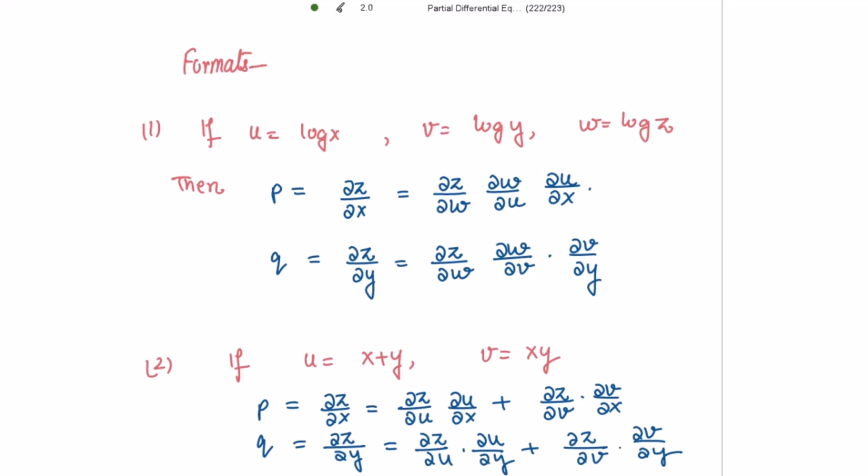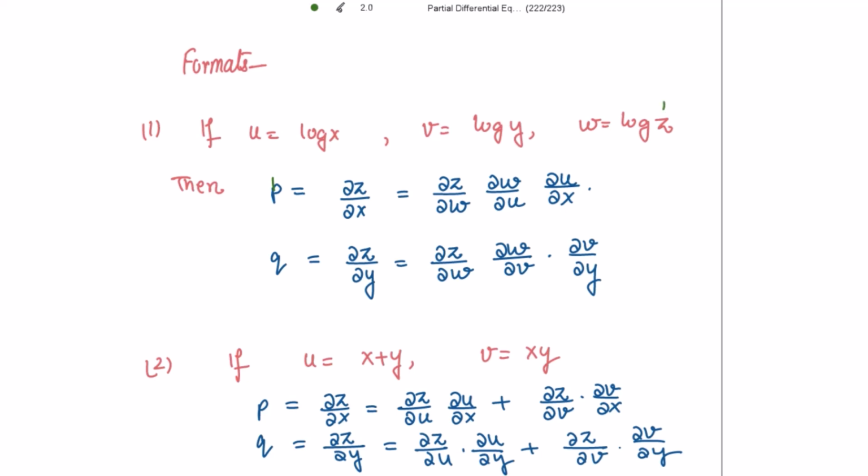First one, if you consider 3 variables u, v and w to be log x, log y, log z respectively, then your small p will be equal to, you know that it is del z by del x, right? You have to take the chain rule like this: del z by del w, then del w by del u and then del u by del x.